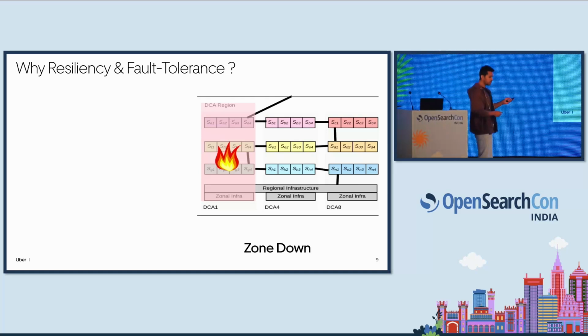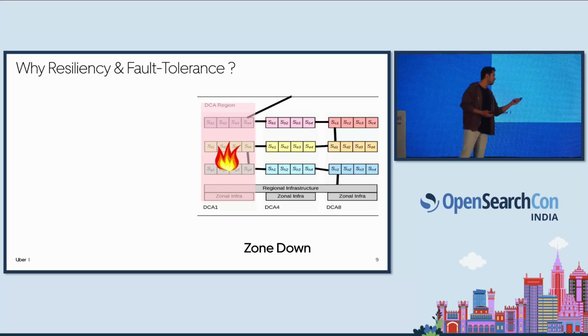The other dimension of failure that you could deal with is a zone being down. Now this is something that actually happens quite often because for Uber, we deal with multiple cloud providers.